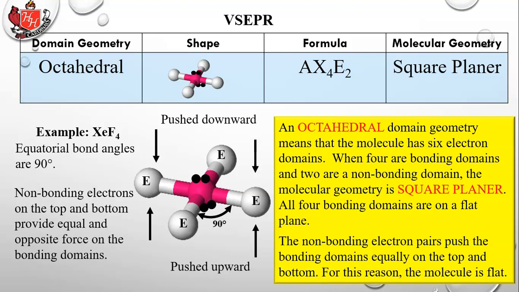For this reason, the molecule is flat. So this is xenon tetrafluoride. You notice that this is a noble gas that can bond. Xenon, one of the bigger noble gases, can bond. So it has equatorial bond angles between those 4 white spheres of 90 degrees. The non-bonding electrons on top and bottom provide equal and opposite force to the bonding domains, so they don't push in either direction.